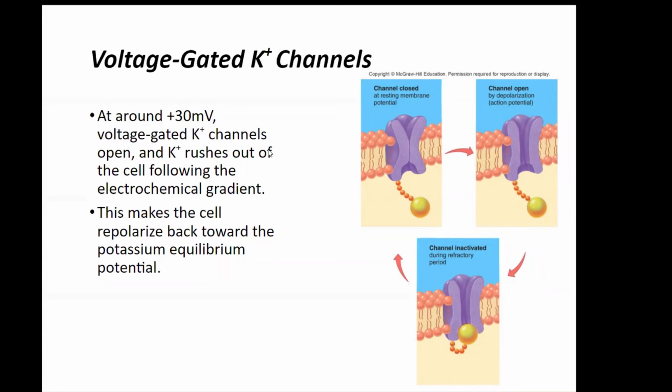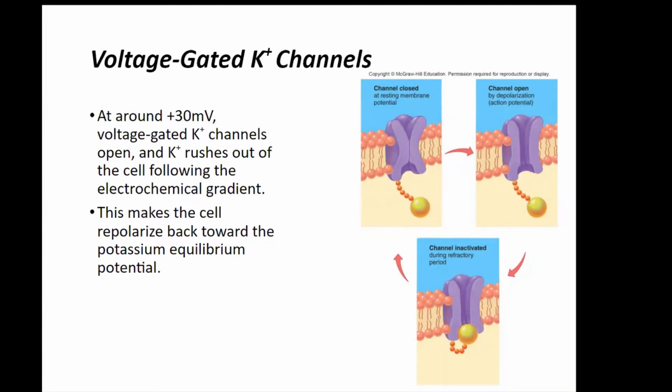So as sodium is rushing in, nothing's happening with our voltage-gated potassium channels, but at about the same time as the sodium inactivation gates close, the potassium channels open. And at that point, our membrane permeability for potassium goes up. Potassium wants to get out of the cell. We remember that our potassium equilibrium potential is highly negative.